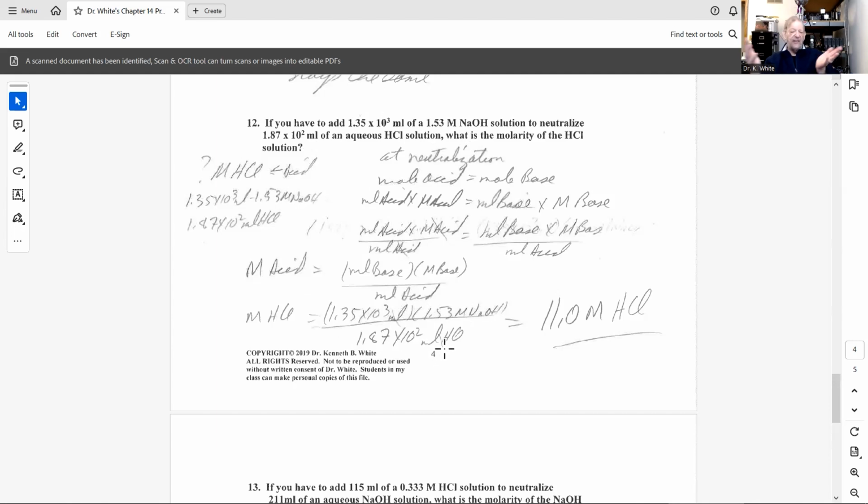Milliliters cancel out, we're left with molarity. One side is base, the other acid, so we're getting the acid. We have three significant figures, and you get 11.0 molar HCl, which you could have also written 1.10 times 10 to the first. And that's how you do it.